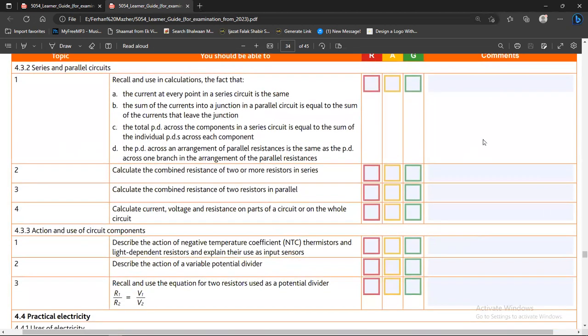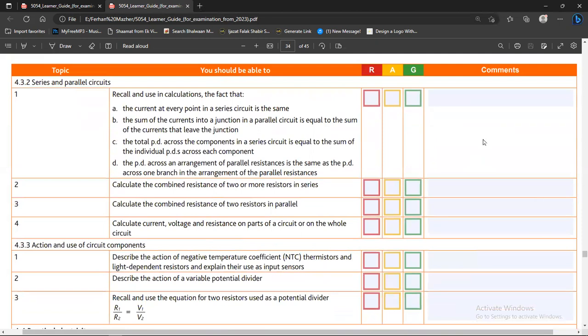Series and parallel circuits. Recall and use in calculations the fact that the current at every point in a series circuit is the same. The sum of the currents into a junction in a parallel circuit is equal to the sum of the currents that leave the junction.